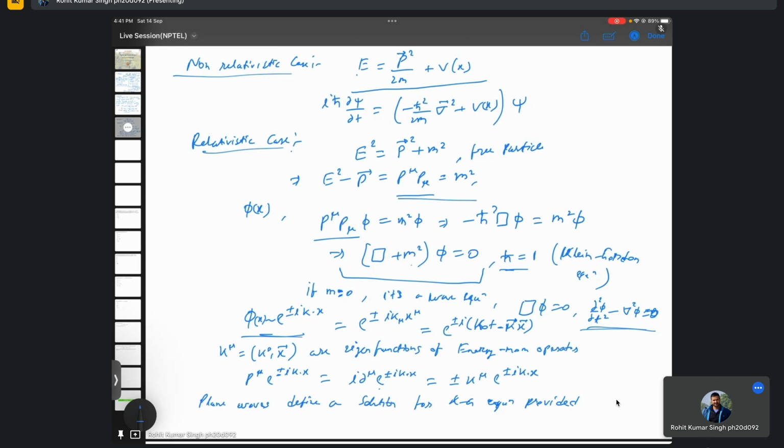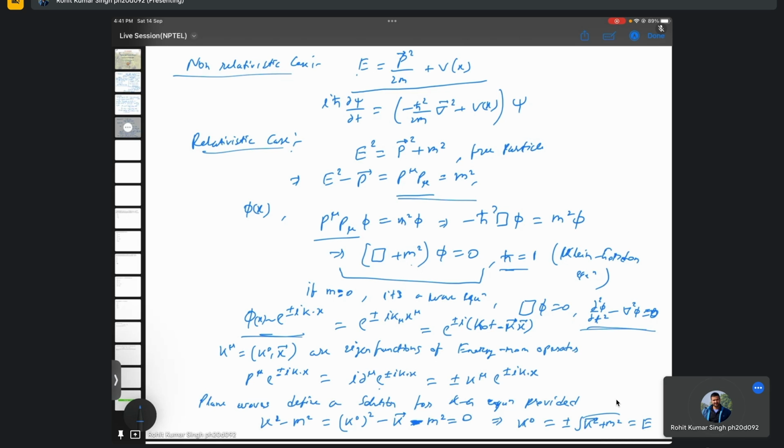So, provided that k squared minus m squared is equal to 0, right? Or you can write it like this. And so k0 is equal to just plus or minus the square root of k squared plus m squared. And this k0 is what we call our energy, E.